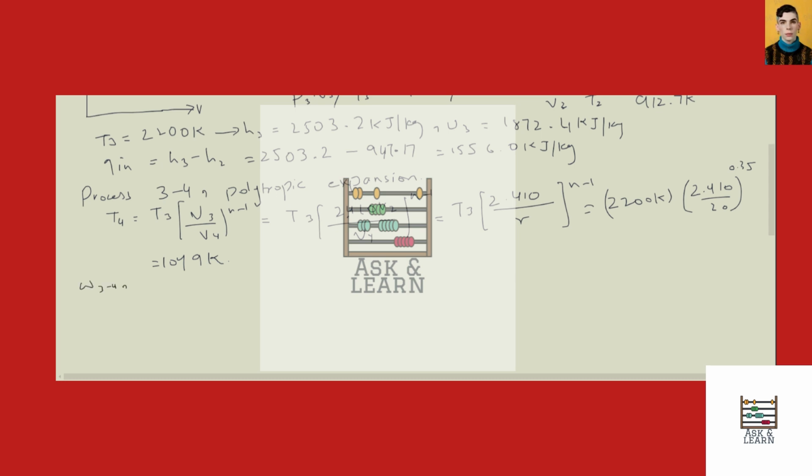Work done from 3 to 4, that is outward work done, is R times T4 minus T3 divided by 1 minus n, which is equal to 0.287 times 1049 minus 2200, divided by 1 minus 1.35, that is 943.8 kilojoule per kg.